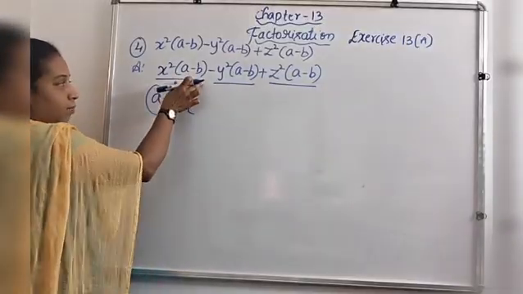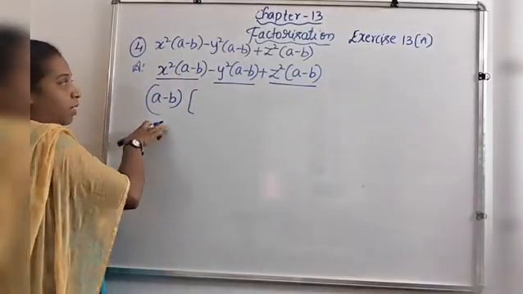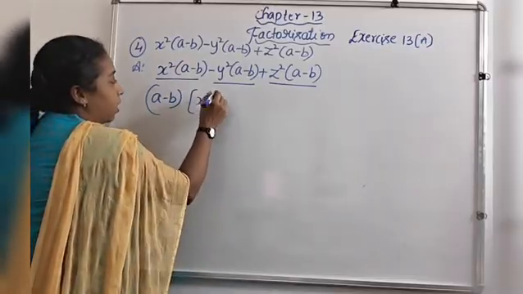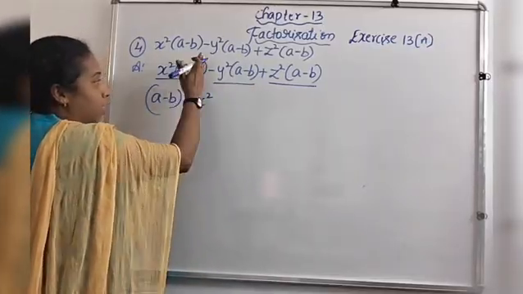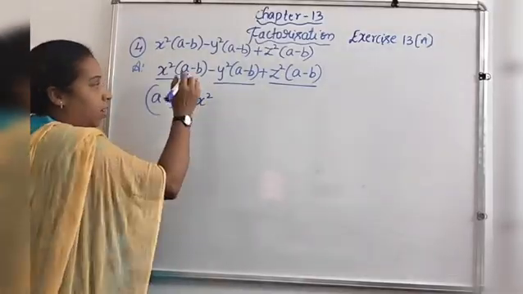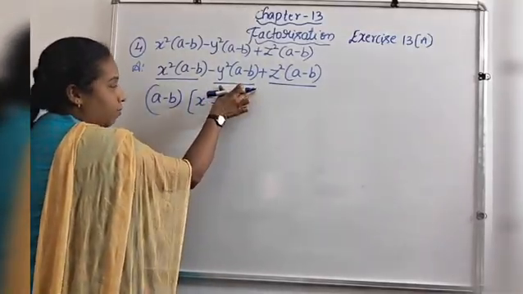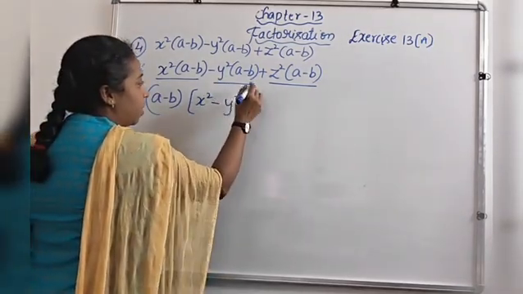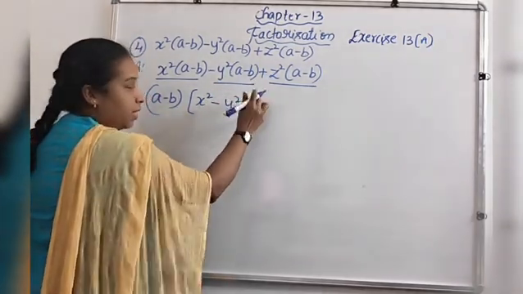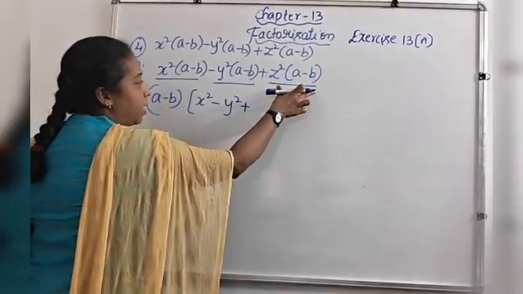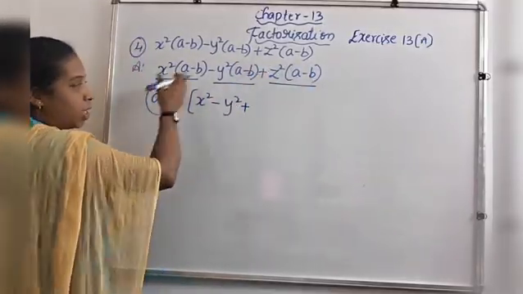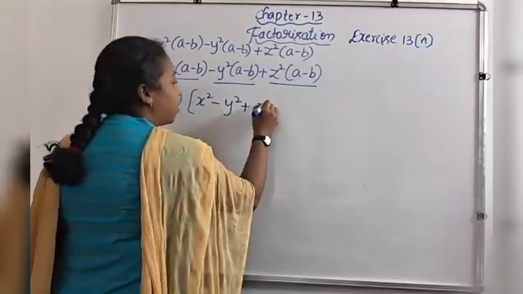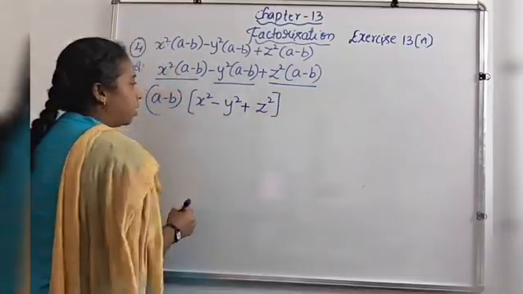Remaining is in this term. If I take out a minus b, remaining is x square in this term. So after this one, which sign do you have? Minus. So in this term, if I take out a minus b, remaining is y square. Then after that, there is a plus sign, and in this term, if I take out a minus b, remaining will be z square.